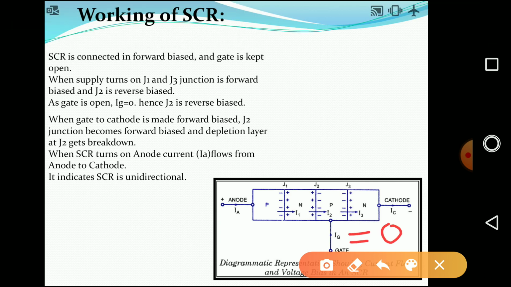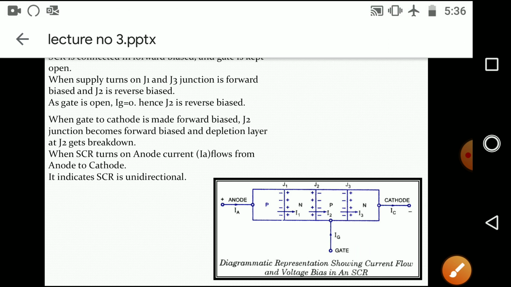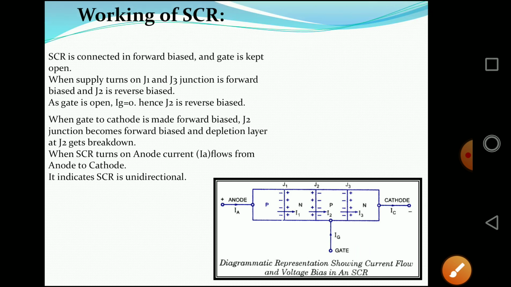We are not giving any supply to the gate. The supply is connected only with anode positive and cathode negative. So due to this supply, the SCR is forward biased but the gate is kept open, therefore junction J2 is reverse biased. As we increase this supply, the holes from the P layer and electrons from the N layer are repelled towards junction J2.